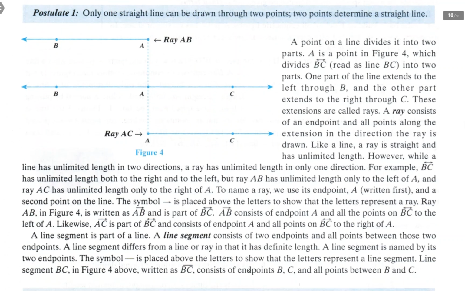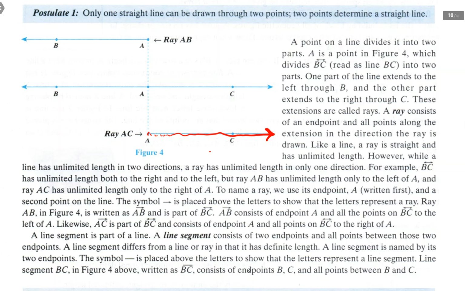The first one I want to go over is a ray. A ray consists of an endpoint and all points along the extension in the direction the ray is drawn. So here's ray AC, and it consists of a bunch of little dots all going in the direction that the ray is drawn.